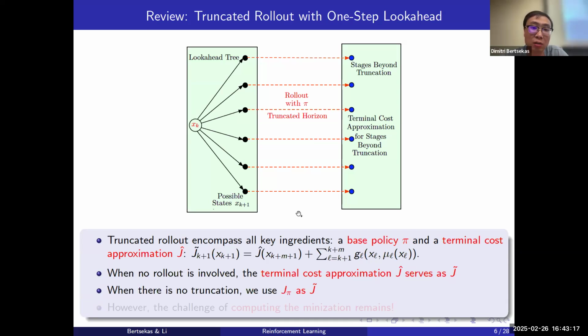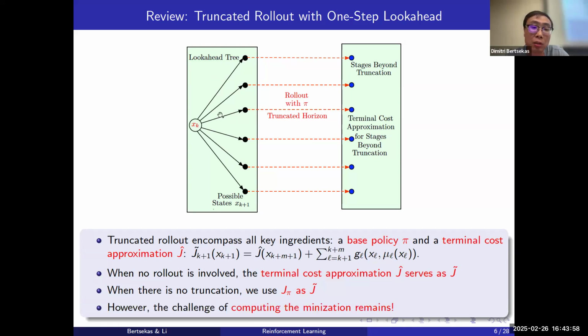When there is no truncation, which means we run rollout all the way till the end of the problem definition, stage n, so essentially starting from k plus 1, we go all the way running the simulation until n, then this term adds up all the way till gn of xn, and this is precisely the cost function of the base policy. Then we are using J pi, the cost function, as the terminal cost approximation. So this is the exact rollout.